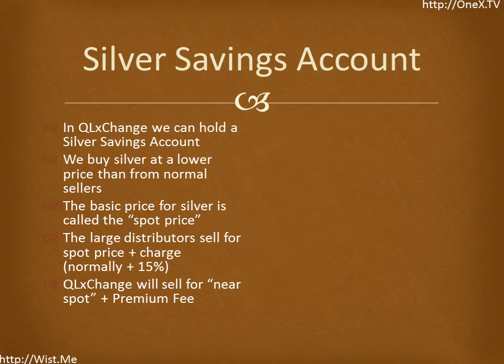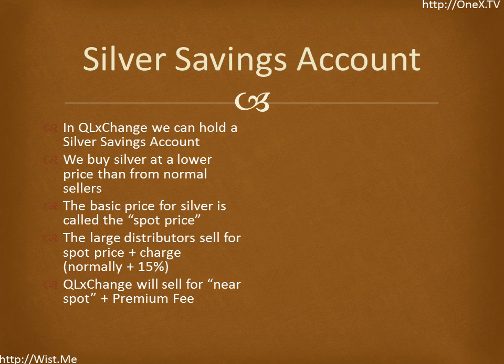And we can keep this silver in a silver savings account that QLxChange holds for us, and we can also say to QLxChange, no, I feel safer when you send me my silver. I will keep it at home, or I will keep it in a vault, or I will dig a hole and keep my silver in that hole. It's all up to you. But those are the possibilities.